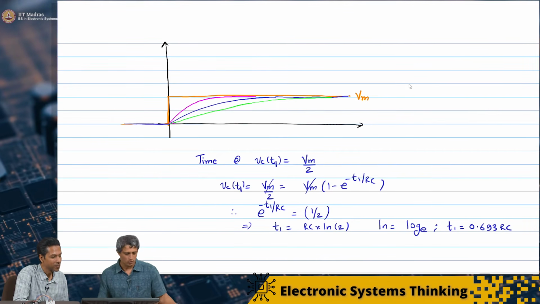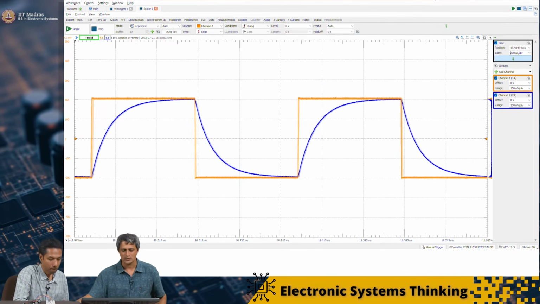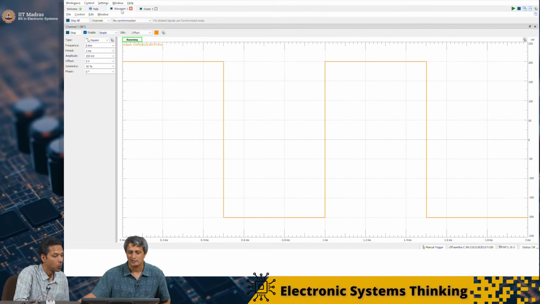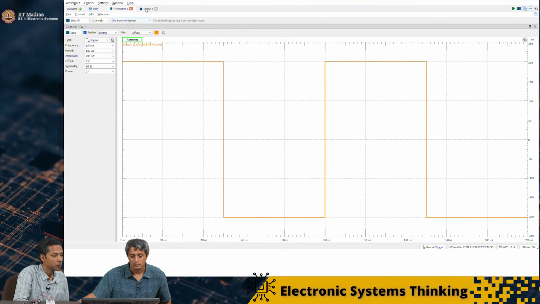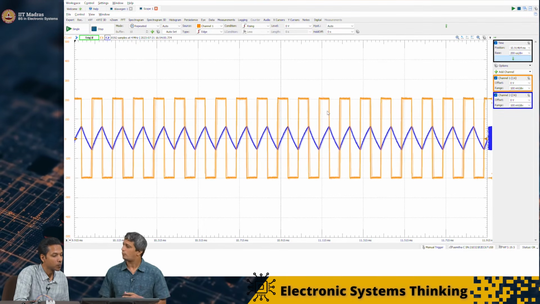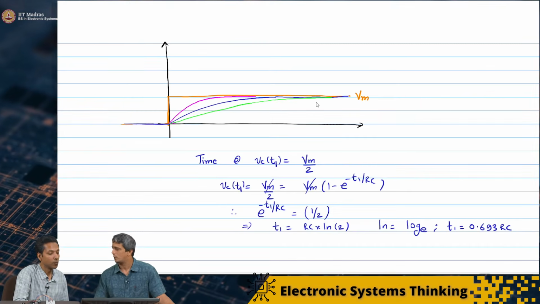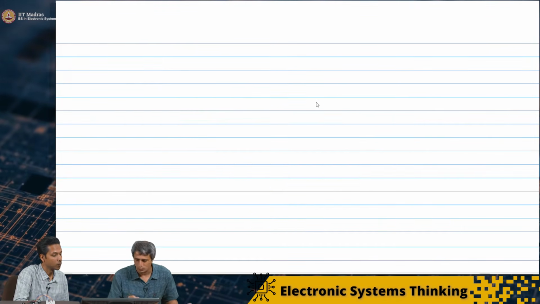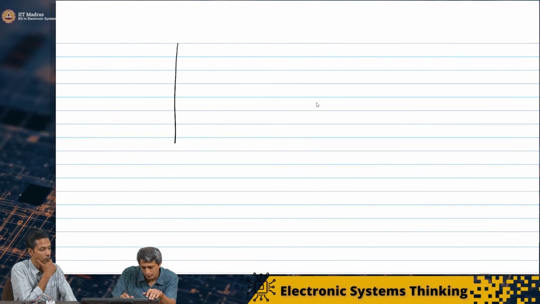And therefore, let's also go back and look at what was happening. Why did this appear to be like a triangular wave at some point? At some point, this looked like a straight line. Now, how is that possible? So let's go back and try to explain that a little bit now. So now we have this.